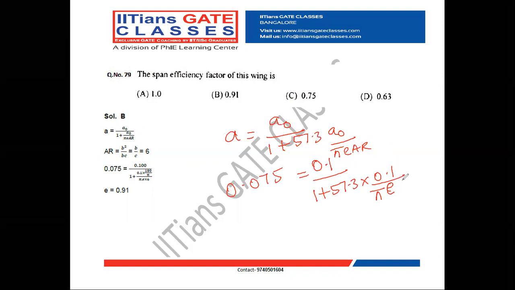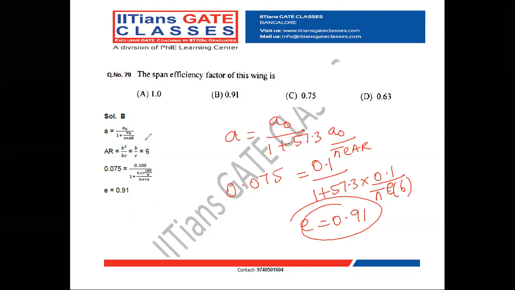Aspect ratio is nothing but B square by S. For a rectangular wing, S is nothing but B into C. So aspect ratio is B by C, that is equal to 6. So we have calculated the aspect ratio also. Substitute all this, we will get E equal to 0.91. Okay.